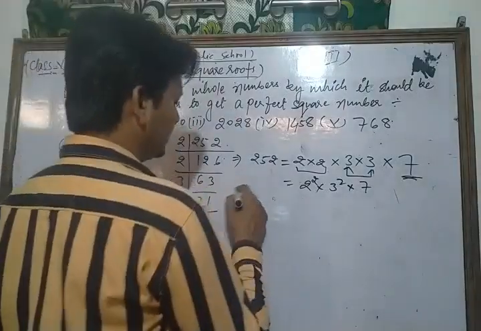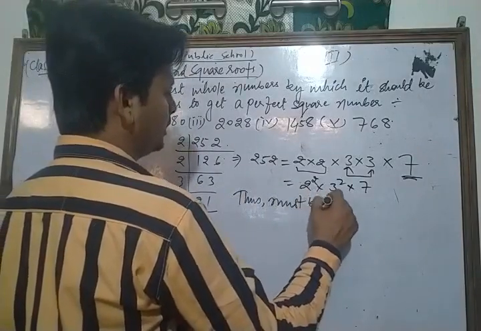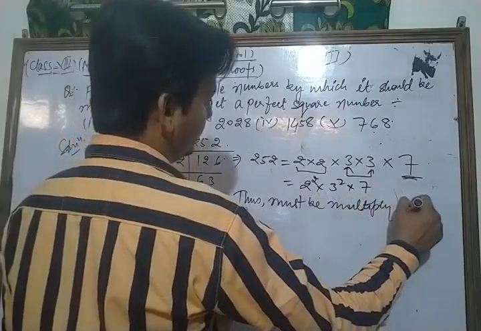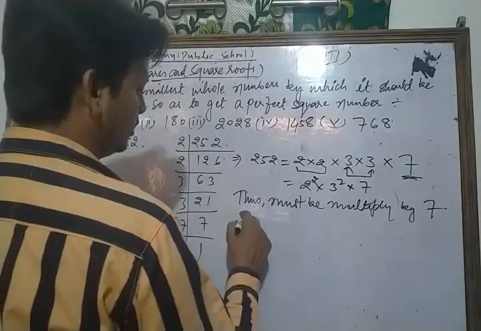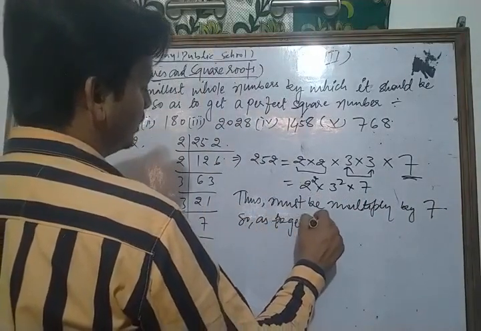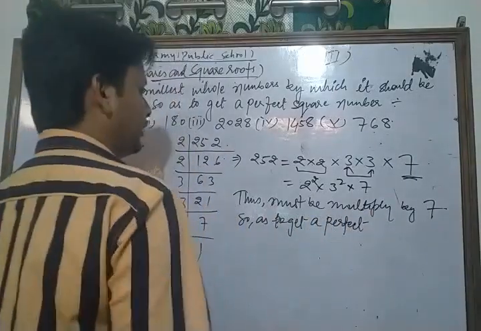Thus we must multiply by 7 so as to get a perfect square number.